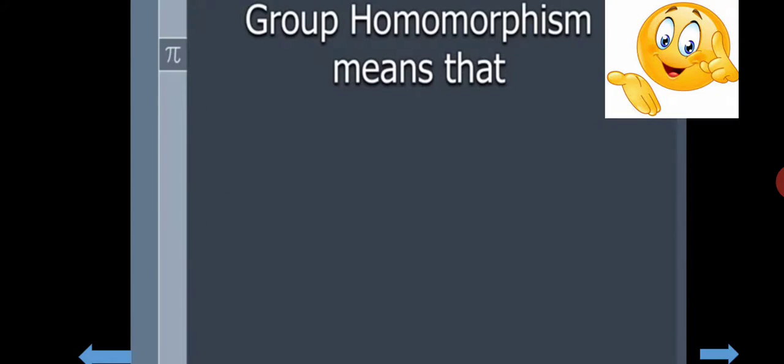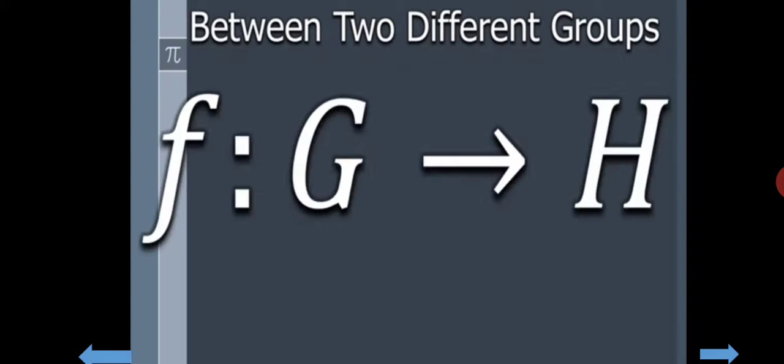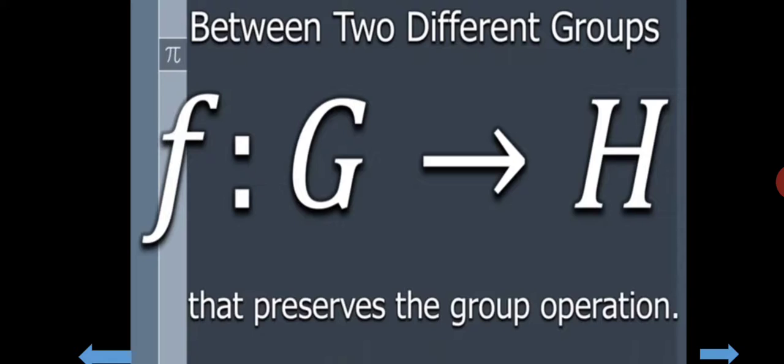A group homomorphism means that we have a function, say for instance f, between two different groups G and H, and f is defined from G to H, and the function f preserves the group operation.